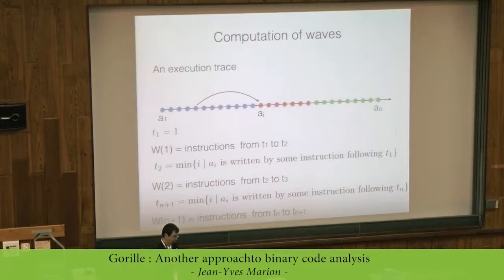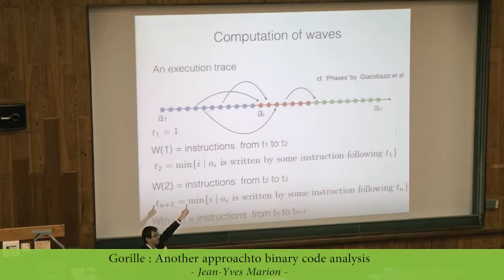And you will see that at some point, there is some instruction at the beginning, on the blue part, which will write something on the red part. And then at some point in the future, again, there is a write on the red, and so on. And you will advance, and at some time, there is a node on red which will be run. That means that at some address in memory, this address has been written and then run.